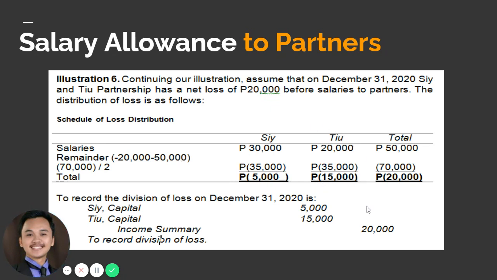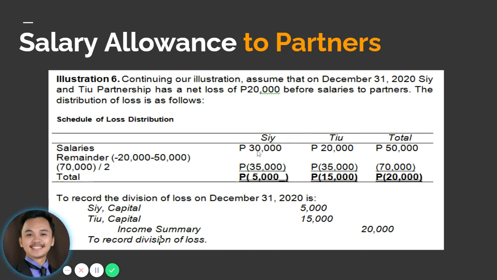So pwede ni siya kay para ang objective ani is mas gamay lang og maabsorb nga loss ang kadtong naay dako nga salary. For example, si C, instead of receiving higher losses, mas gamay na iyang maabsorb kay dako man ang iyahang salary.